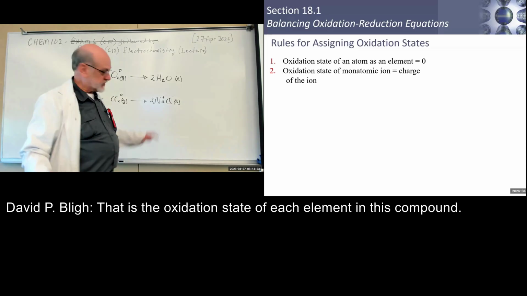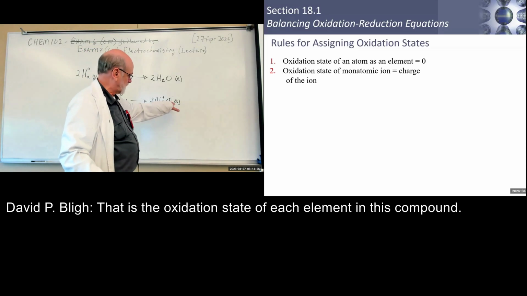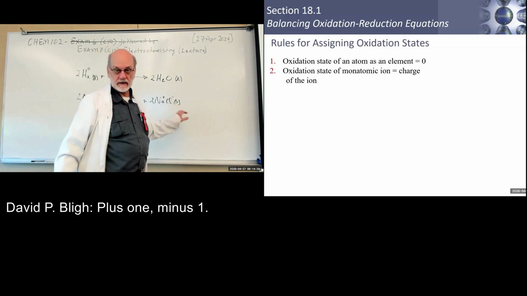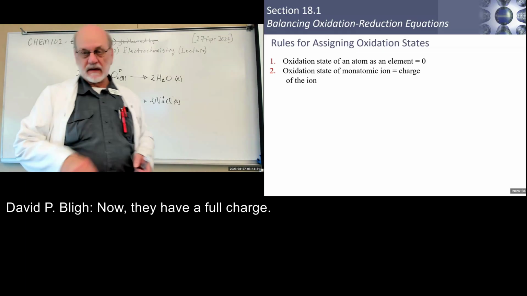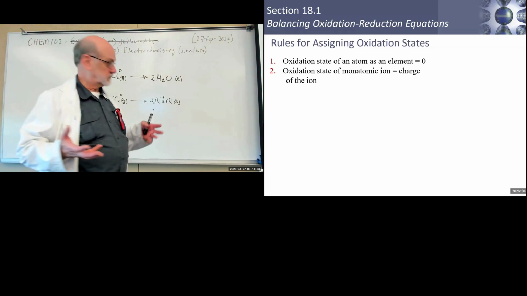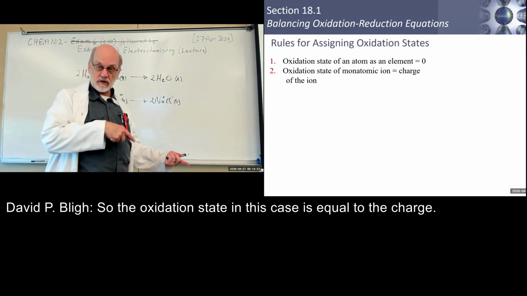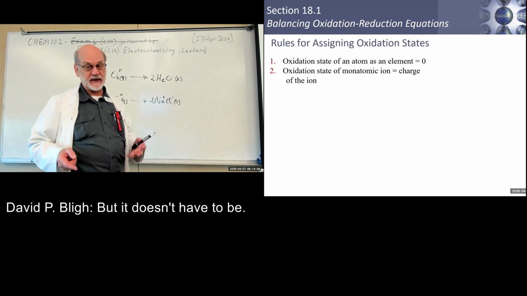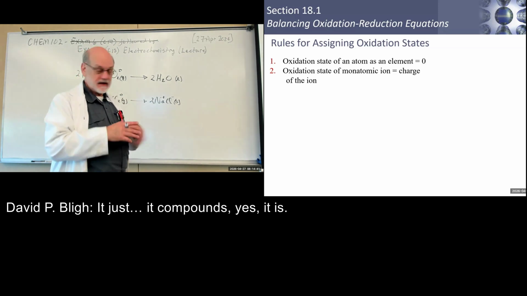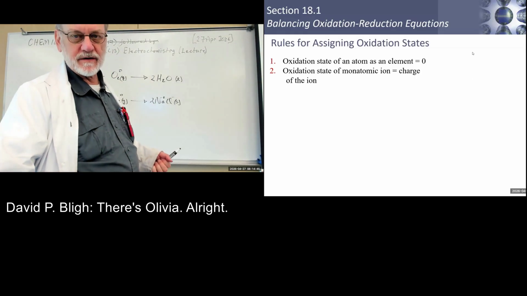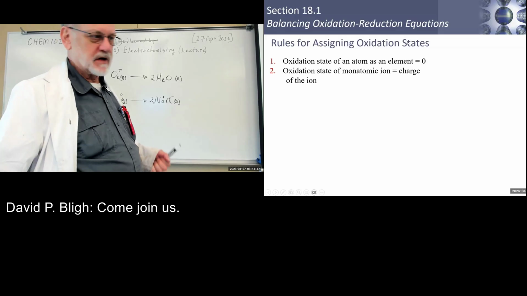That is the oxidation state of each element in this compound. +1, -1. Now, they have a full charge. So the oxidation state in this case is equal to the charge. But it doesn't have to be. In compounds, yes, it is. There's Olivia. All right. Come join us.